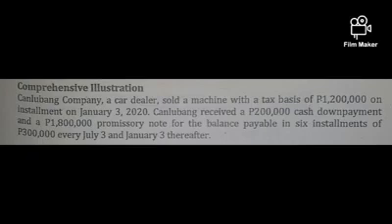It says that Canlubang Company received 200,000 cash down payment. So 200,000 cash down payment is a cash received. And then Canlubang Company also received 1,800,000 promissory note for the balance payable. So the 1,800,000 notes receivable is part of the cash receivable.